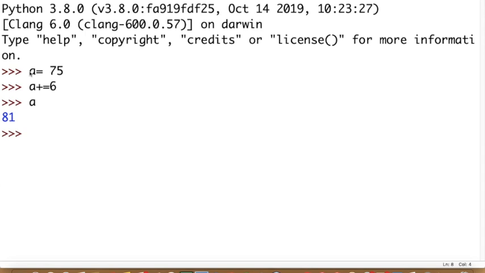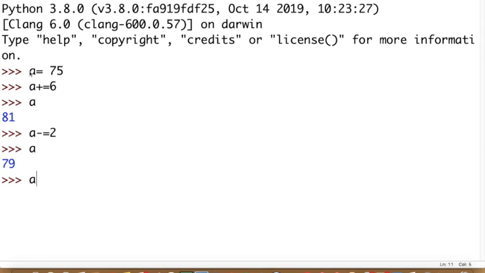Let us find out what effect these have on A, stepwise. A minus equal to 2. Let us print the value of A. It gives the value 79, because it subtracts the value 2 from 81.